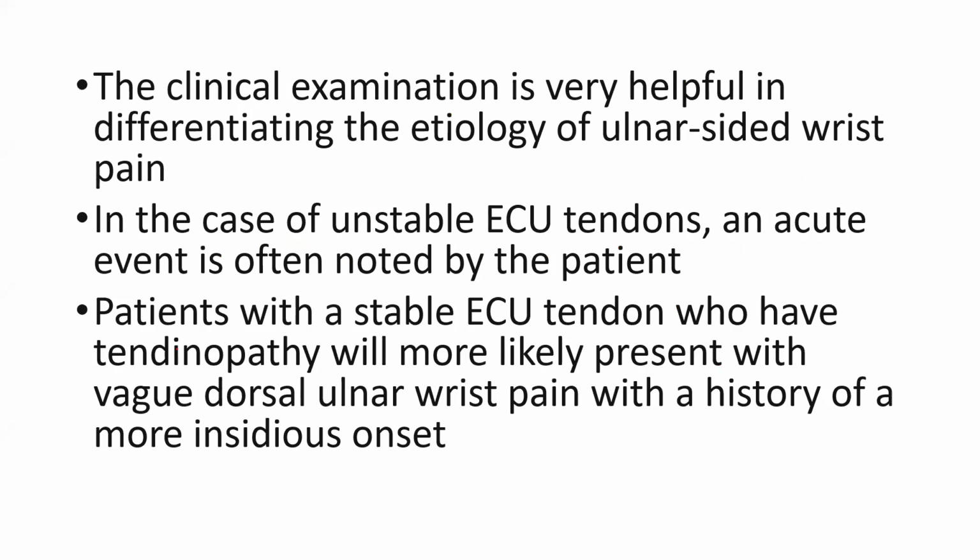In the case of an unstable extensor carpi ulnaris tendon, an acute event is often noted by the patient. Patients with a stable extensor carpi ulnaris tendon who have tendinopathy will more likely present with vague dorsal ulnar wrist pain with a history of more insidious onset.